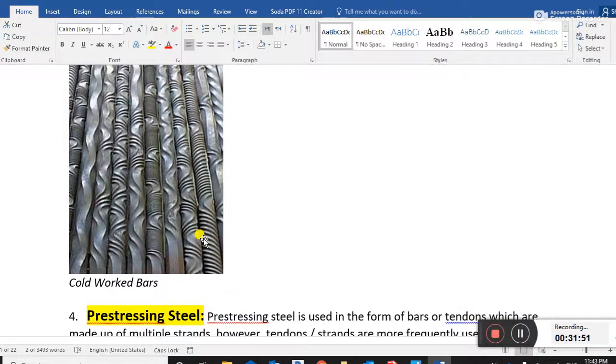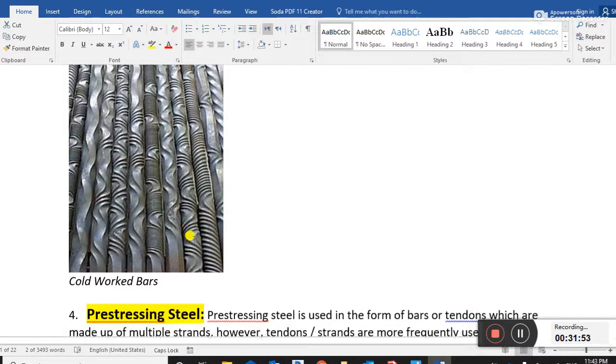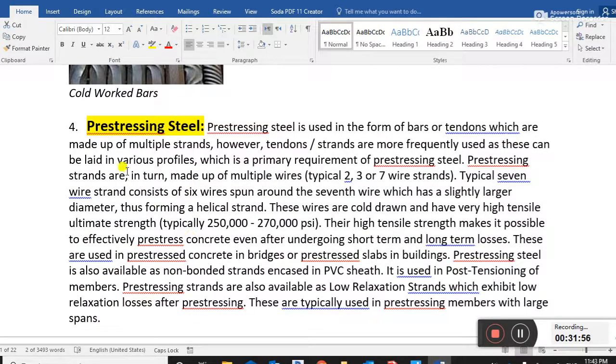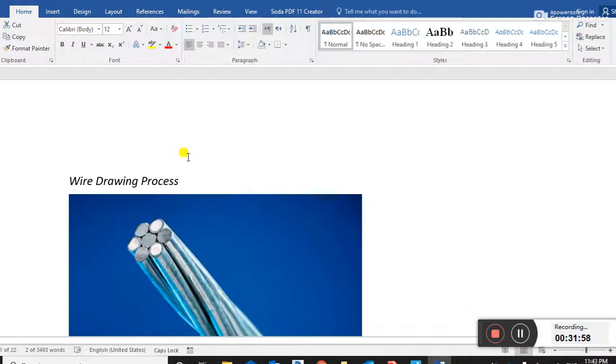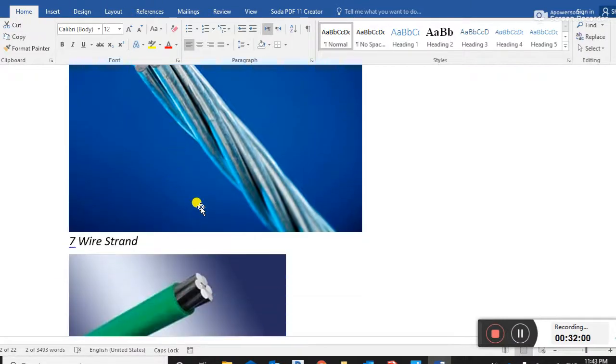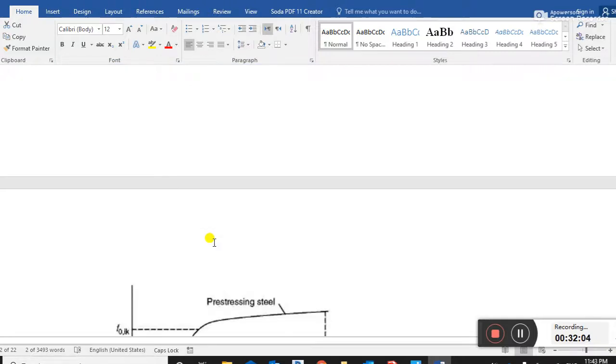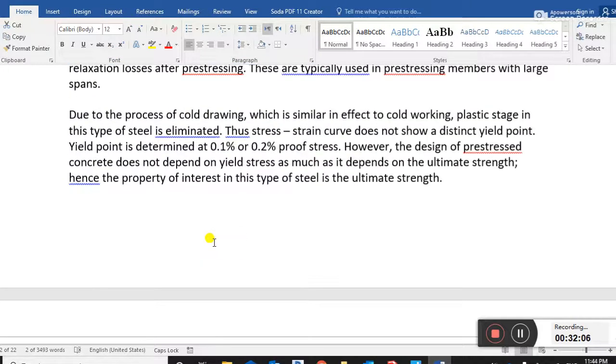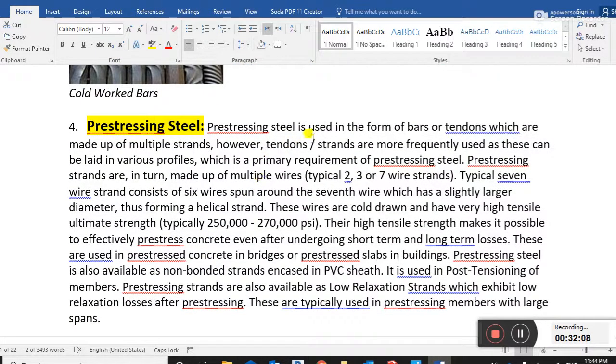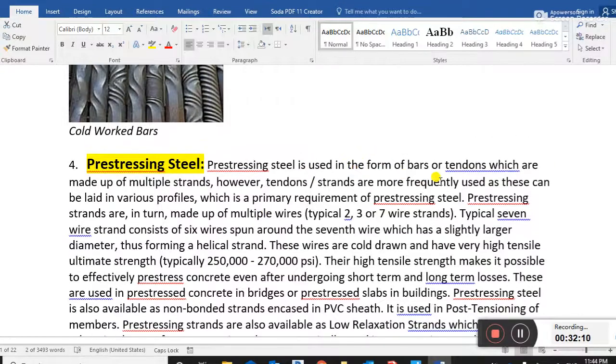This is cold worked bar. Pre-stressing steel is used in the form of bars or tendons, which are made up of multiple strands.